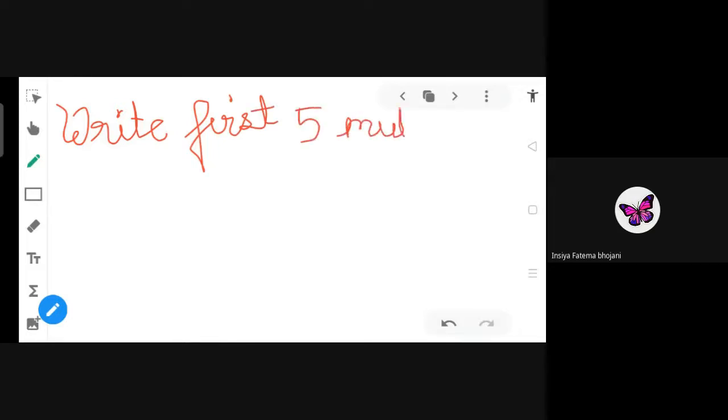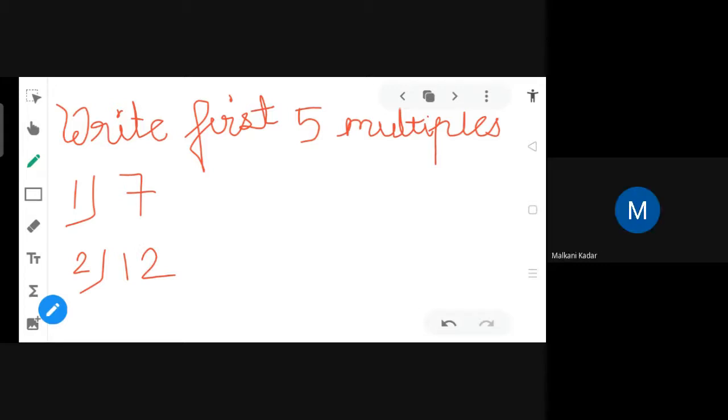Only the first 5 multiples you have to write of the following numbers: 7 and 12. Write the first 5 multiples of these two numbers in the rough book.